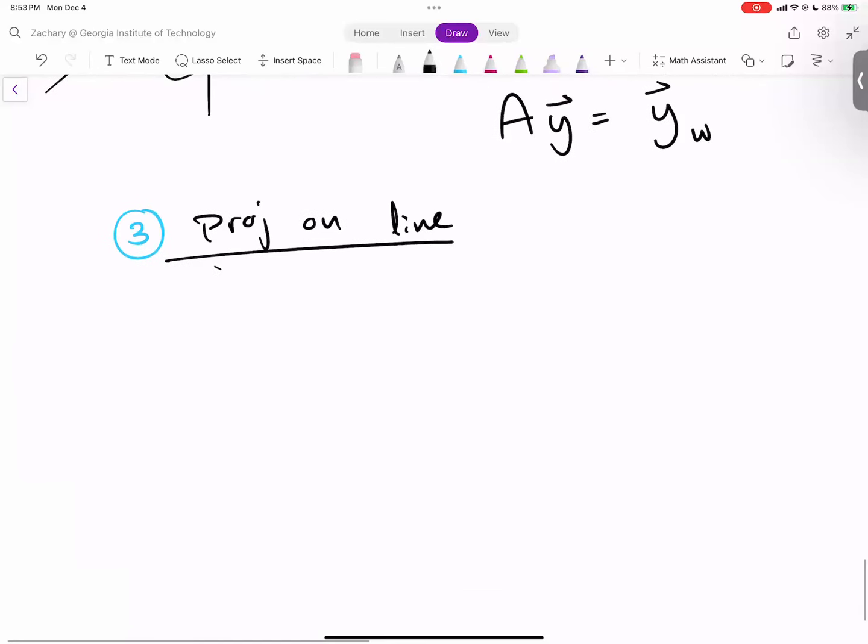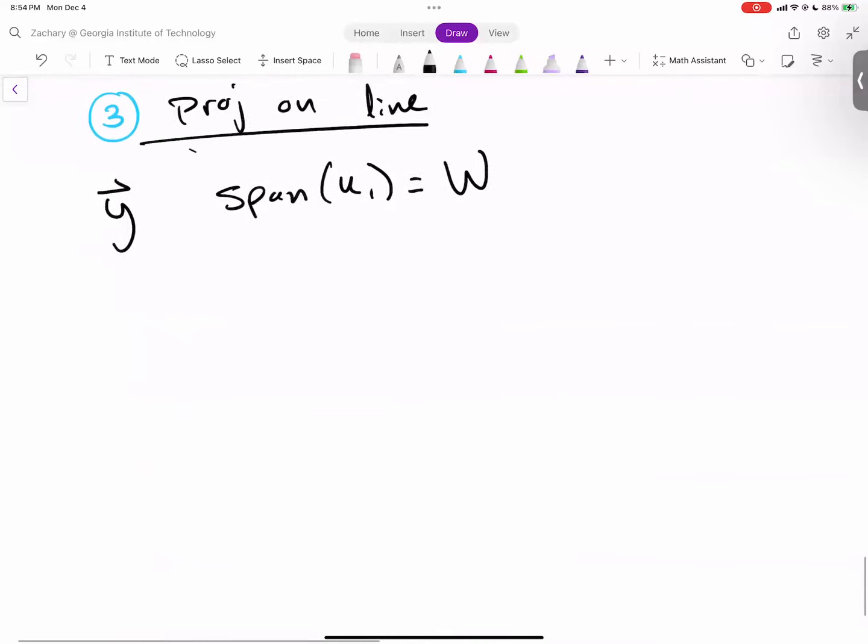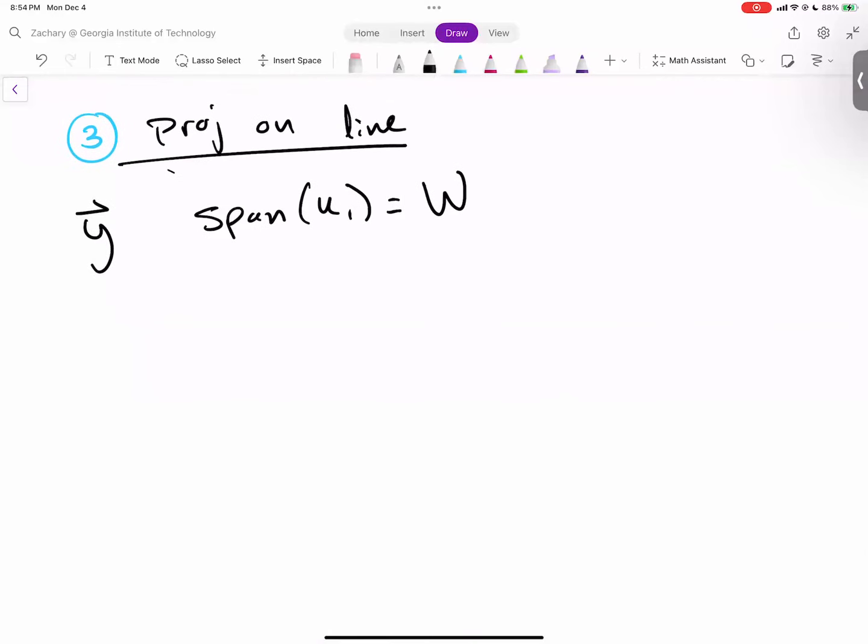If we're projecting a vector y onto a vector u, let me rewrite this as span of u1 is equal to W. This is us projecting y onto that line. But if we smash it down into projecting on a line, it'll always be the same thing.